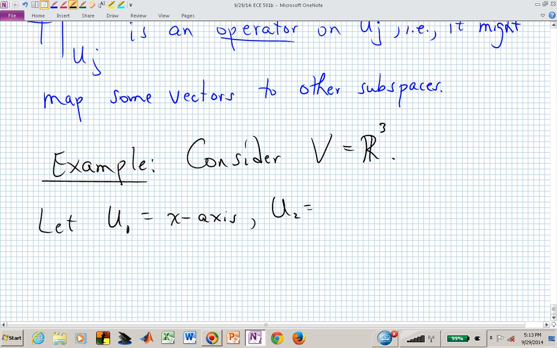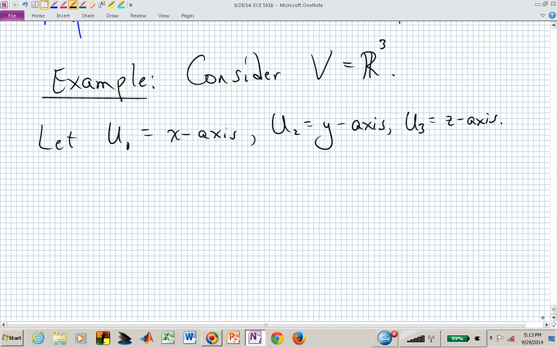Suppose U sub 2 is the y-axis, and U sub 3 is the z-axis. I think it's clear then that V can be written as a direct sum decomposition of those three subspaces. You can represent any vector in V as having elements or vectors belonging to those three subspaces.